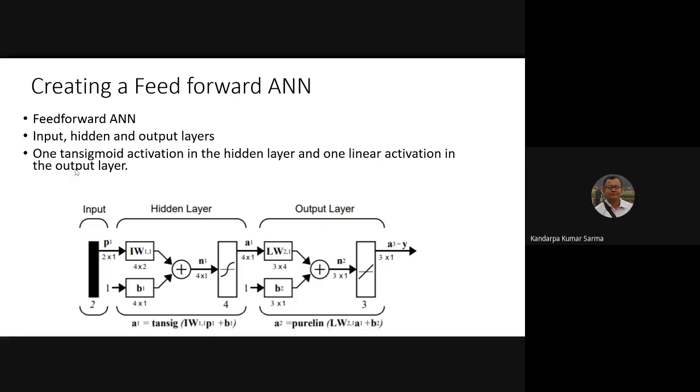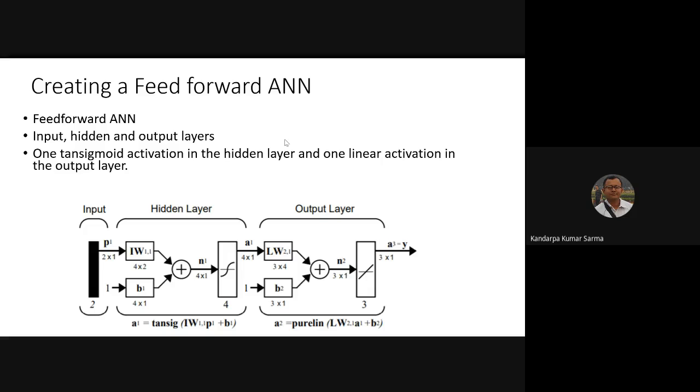The tan sigmoidal activation function will be in the hidden layer, and a linear activation shall be in the output layer.